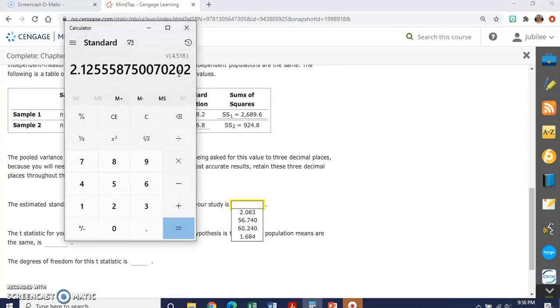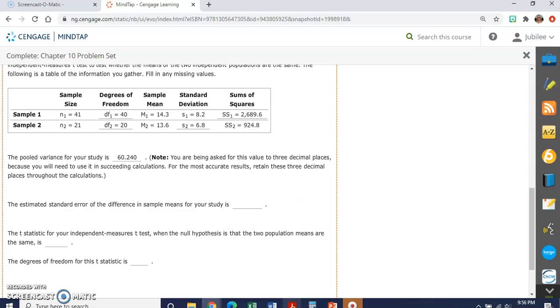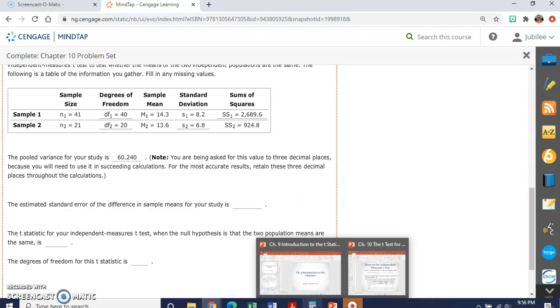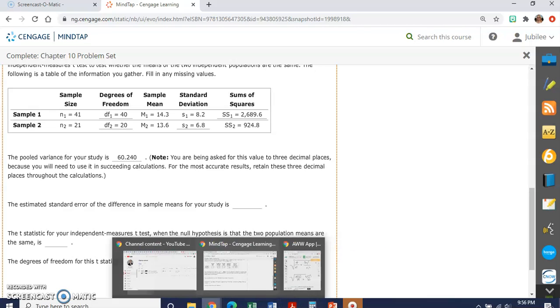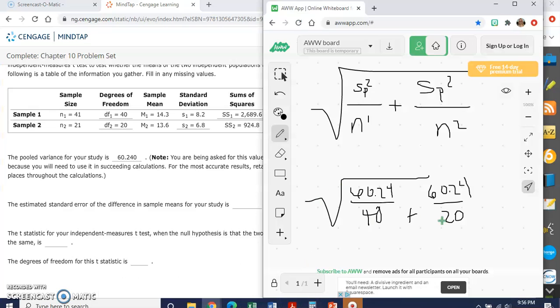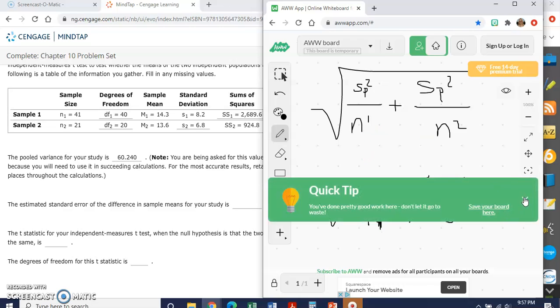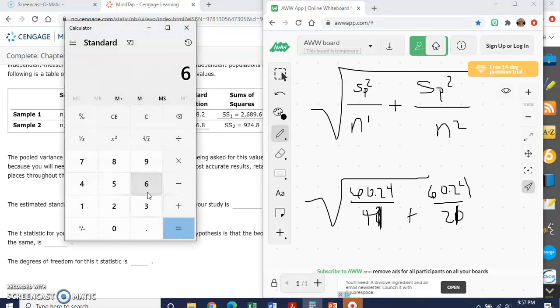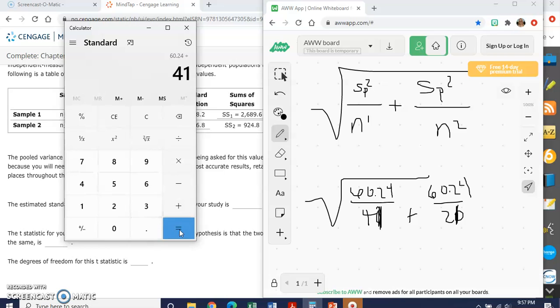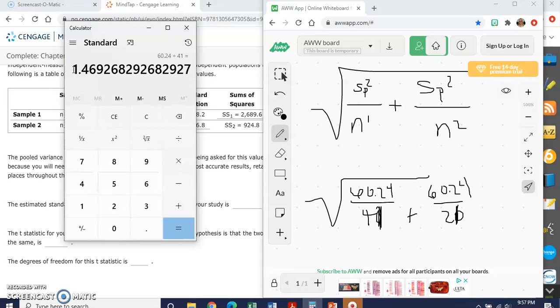Wait a minute, I did something wrong. Oh, I think I know what I did. I divided by degrees of freedom instead of n. I wrote it down right up here in the formula, but I wrote the numbers wrong. Okay, well, let me redo this. 60.24 divided by 41 gives me this number.